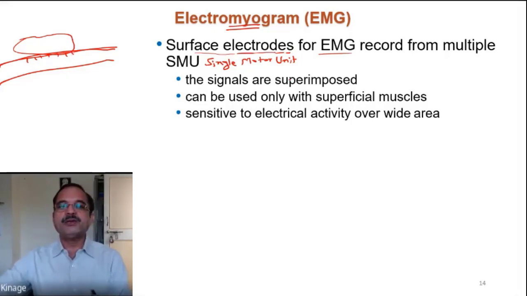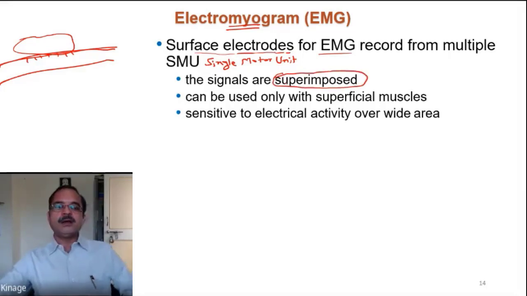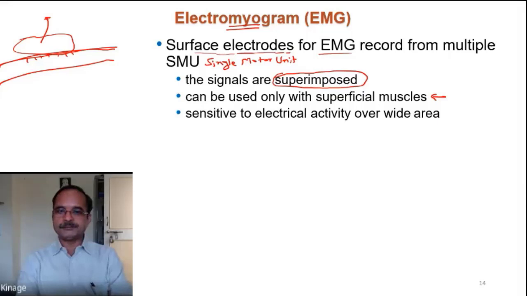So that's why you actually get the superimposed signal, the superimposition of all these signals collectively. That is what we can measure here. It can be used only with superficial muscles. Superficial muscles are those located on the outer side of the body, immediately nearby the skin.